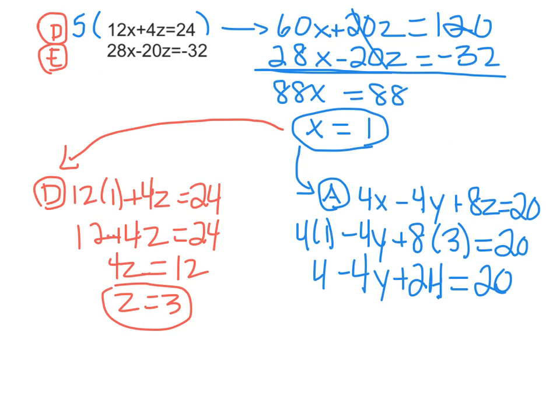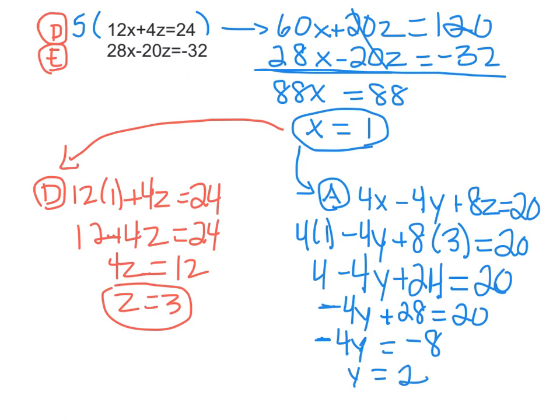And if I consolidate a little bit more, I have negative 4y plus 28 is equal to 20. I'm going to subtract that 28, and I get negative 8. And then I'm going to divide both sides by that negative 4, and then y is equal to 2. There we go. First one done.